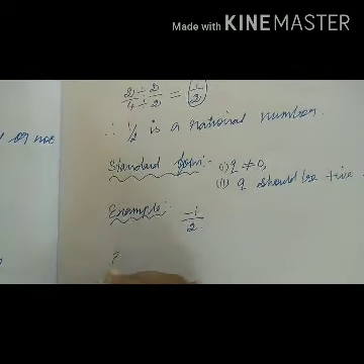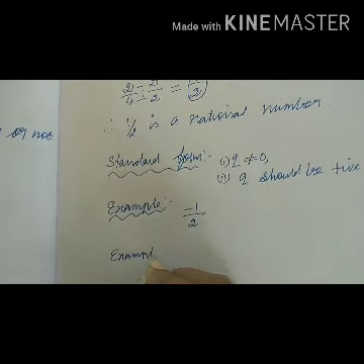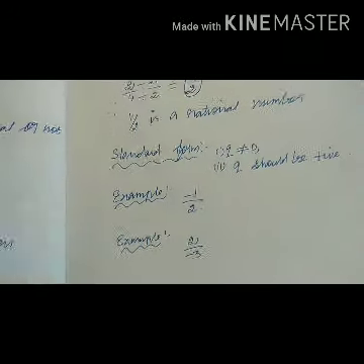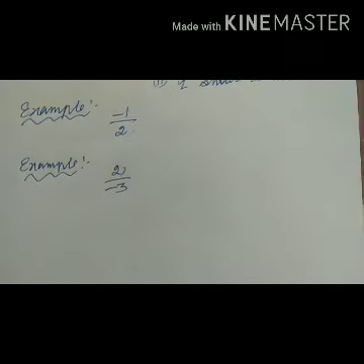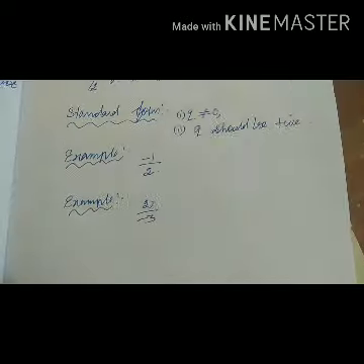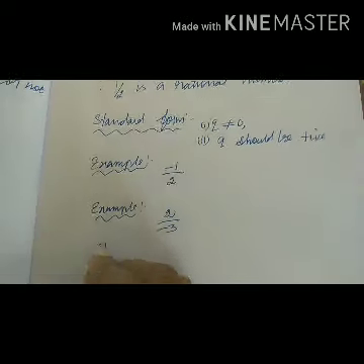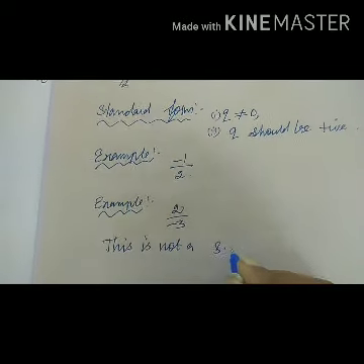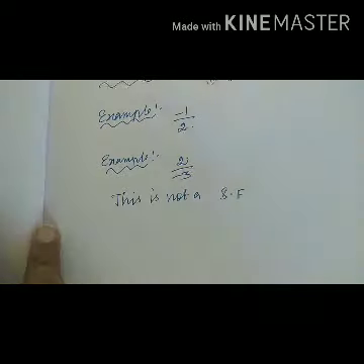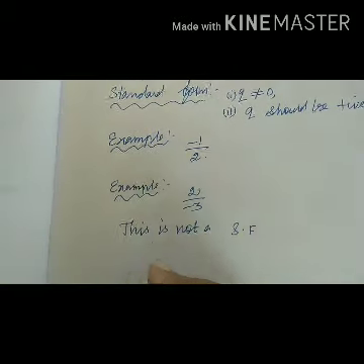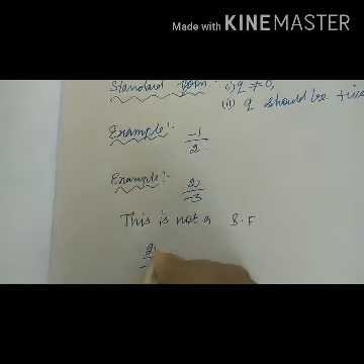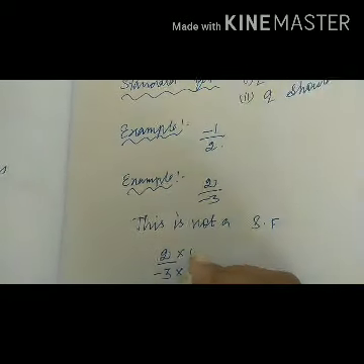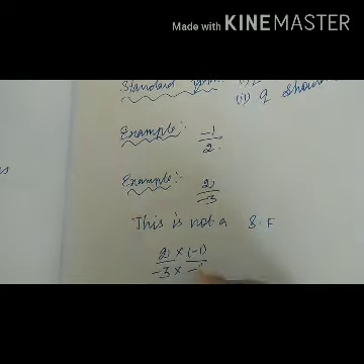And example 2: 2 by minus 3. This is not in standard form. How to convert to the standard form? For 2 by minus 3, we multiply the numerator and denominator by minus 1.